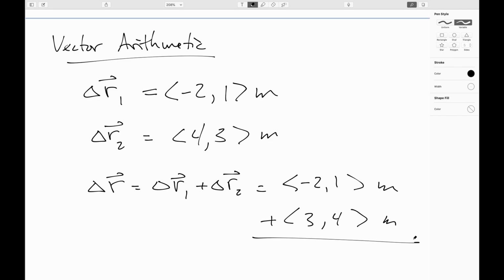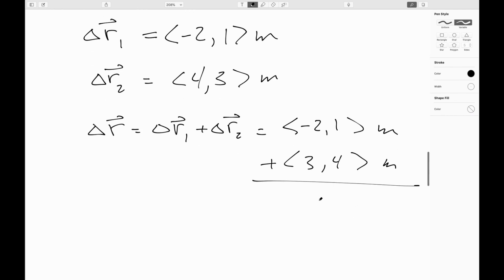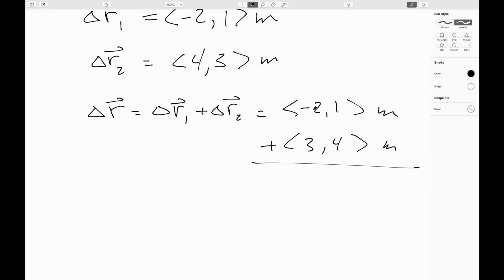And then you just add each slot up individually. So -2 plus 3 is 1. 1 plus 4 is 5. So my final displacement, delta R, is 1, 5 meters.